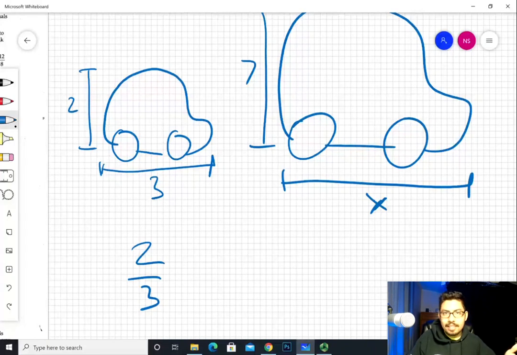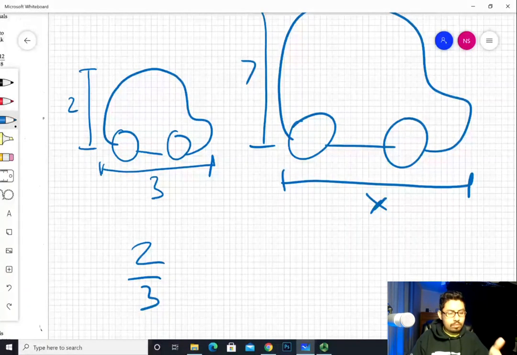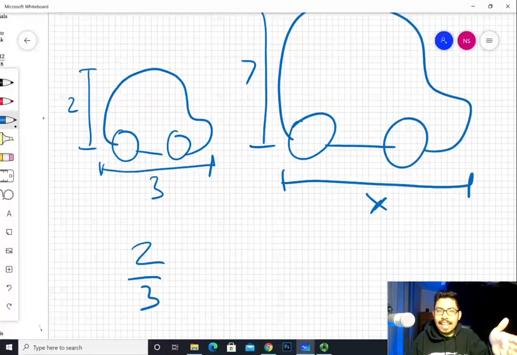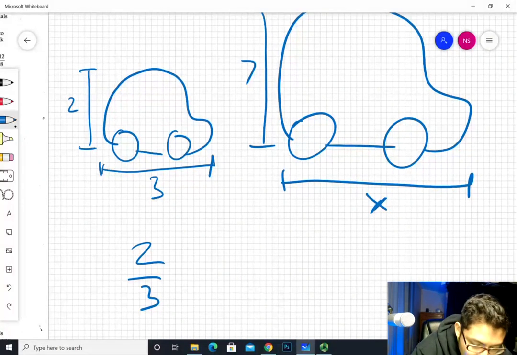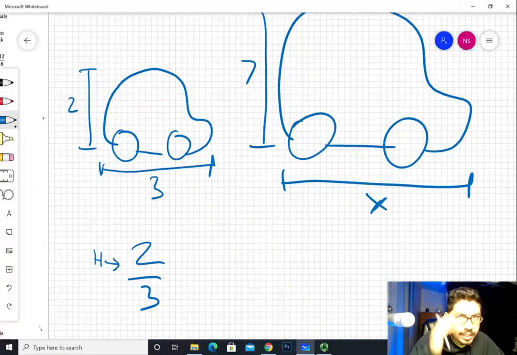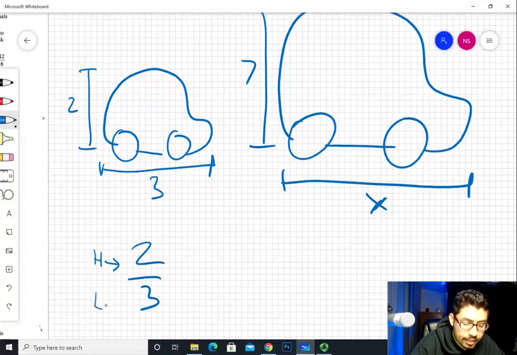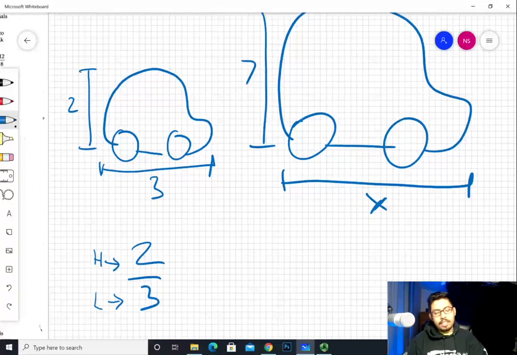What's the 2 represent? It represents the height of the vehicle, right? You could probably put that on the side if you'd like, the height, right? Or just have it mentally in your head. I'll write it down for now. And what does the 3 represent? The length of the little clay sculpture, right?